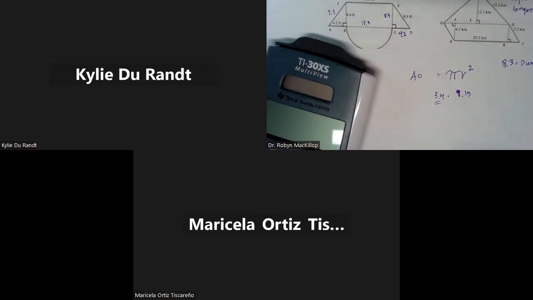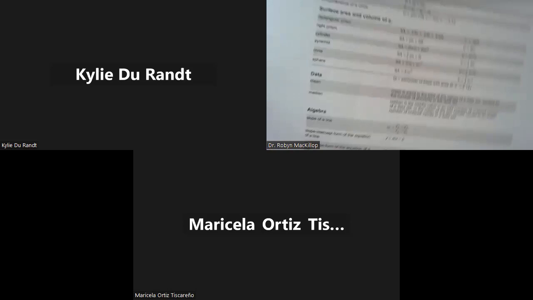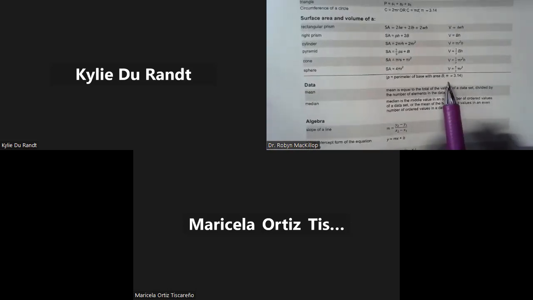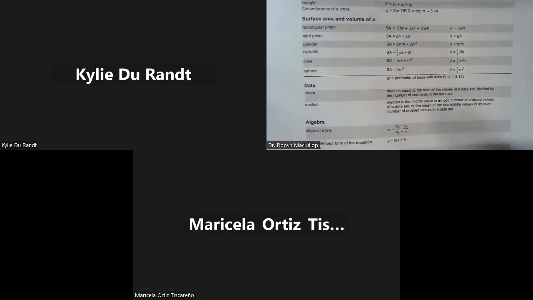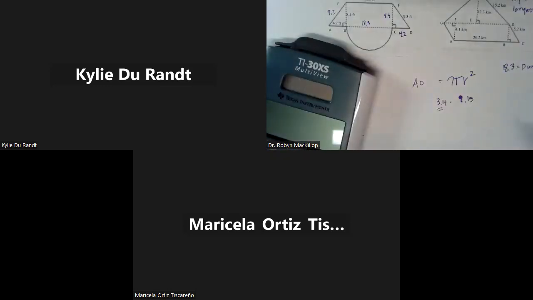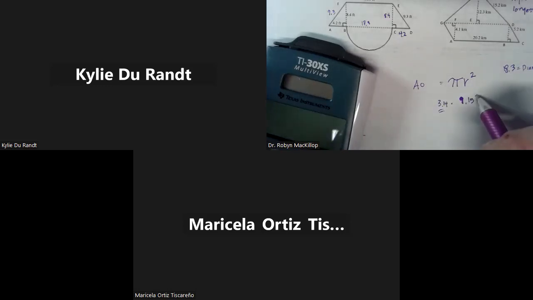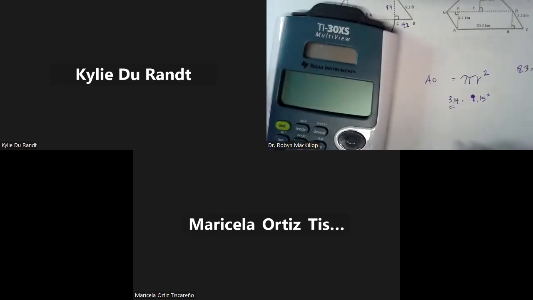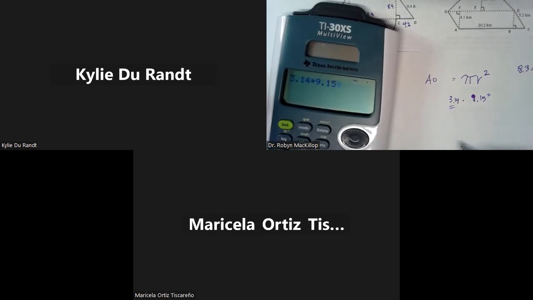And the really nice thing, they actually tell you. So it's not even something you have to remember. It's on your formula sheet. Okay, so we've got pi times the radius squared. Gonna let the calculator do that one. 3.14 times 9.15.